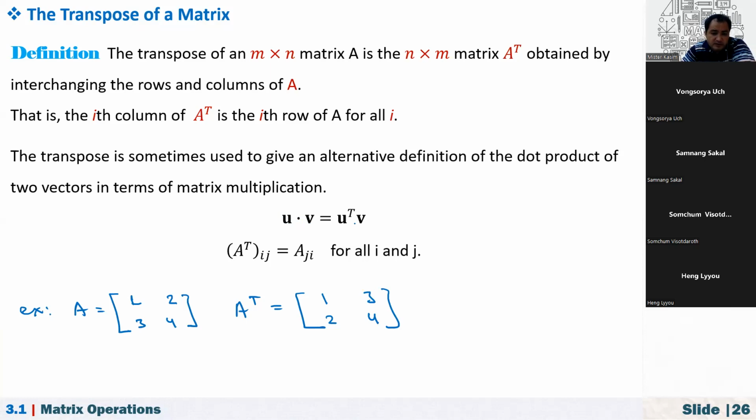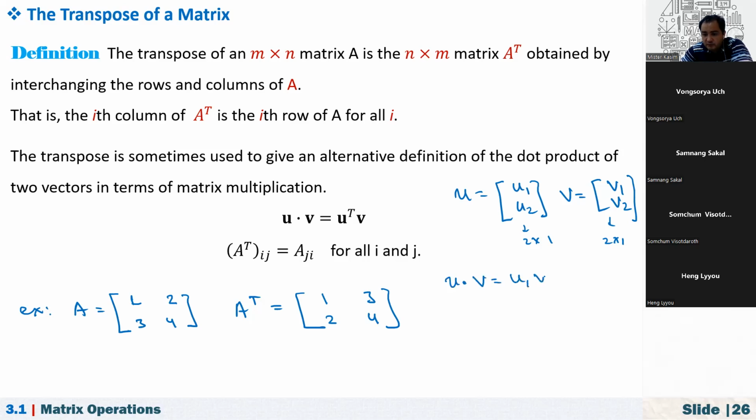Let's say vector u is u1, u2, and vector v is v1, v2. Because each is 2 by 1, if you just consider them as matrices, their product is not defined. But u dot v is just equal to u1 v1 plus u2 v2.